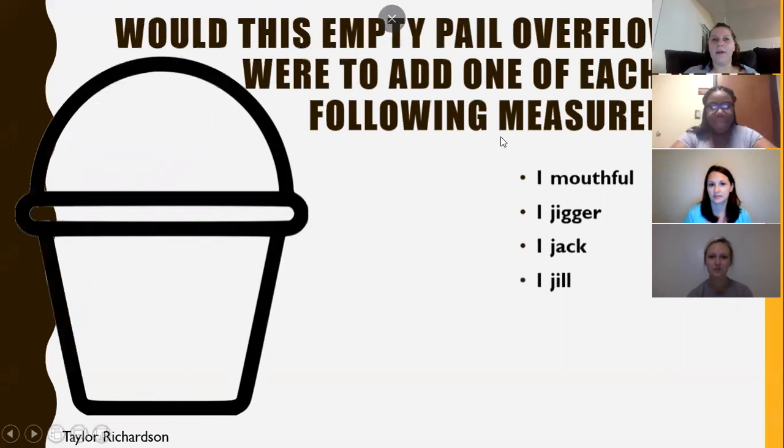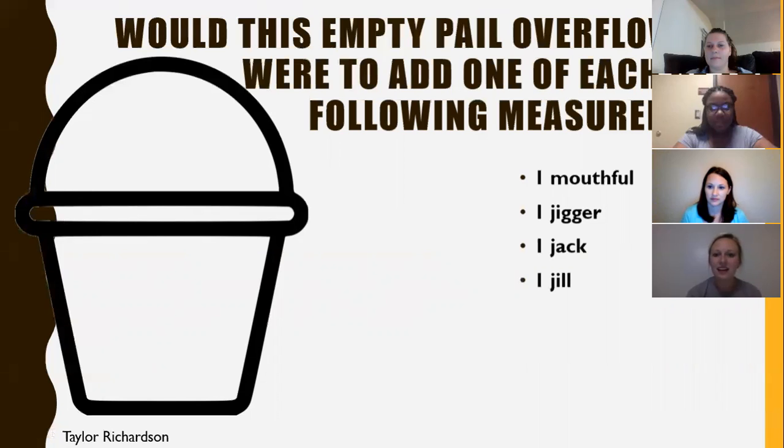Would this empty pail overflow if we were to add each of the following measures to it, Taylor? All right, we're going to look at this question about this empty pail, and we are going to see if it would overflow if we put one of each of these measurements into this pail.